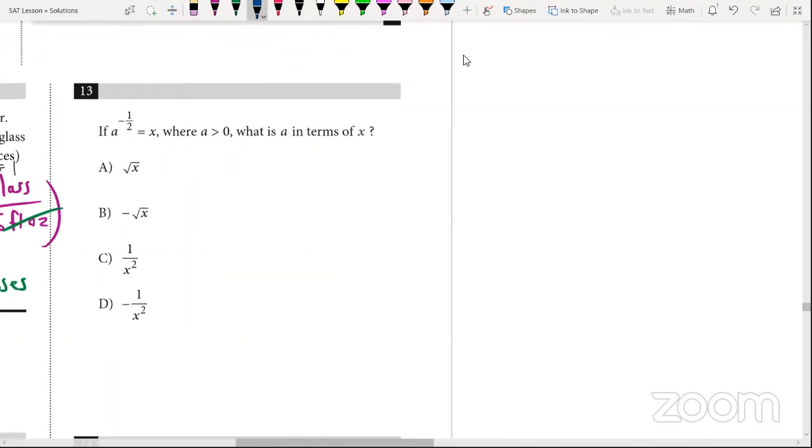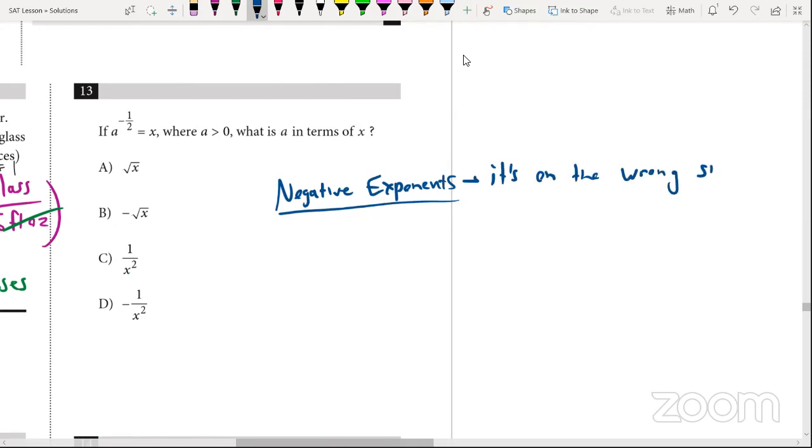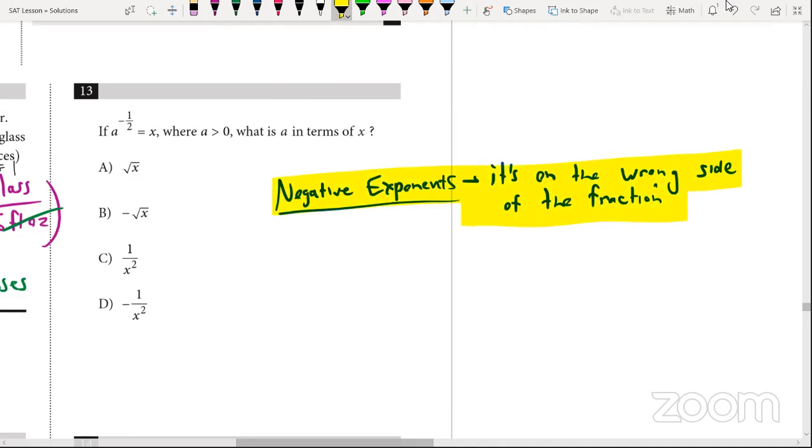Okay, number 13 gets at the idea of what a negative exponent is. Negative exponents mean that whatever has the negative exponent is on the wrong side of the fraction in terms of numerator and denominator. So a couple of quick examples of that.